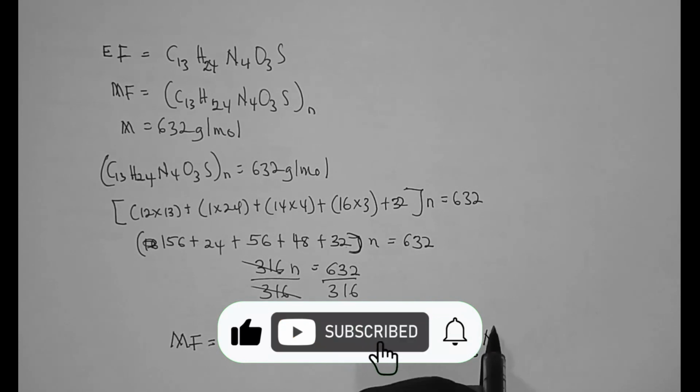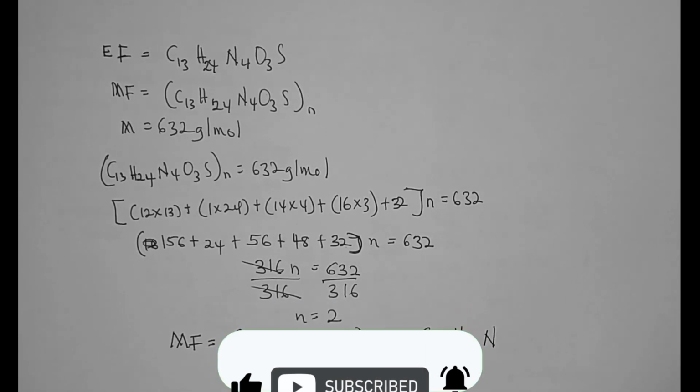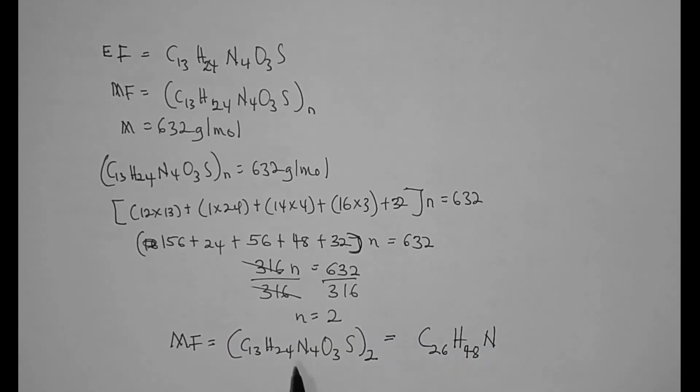Then nitrogen: 4 times 2 is 8. Then O3: 3 times 2 is 6. Then sulfur was 1, and 1 times 2 is 2. So this is the molecular formula of timolol.